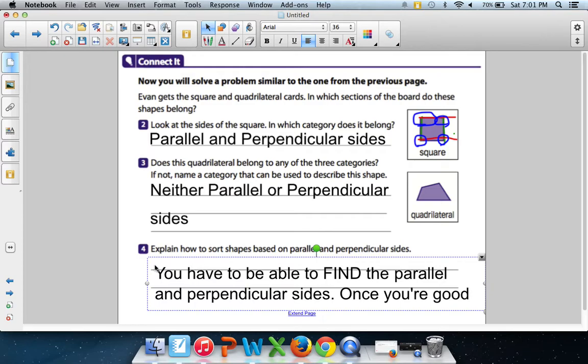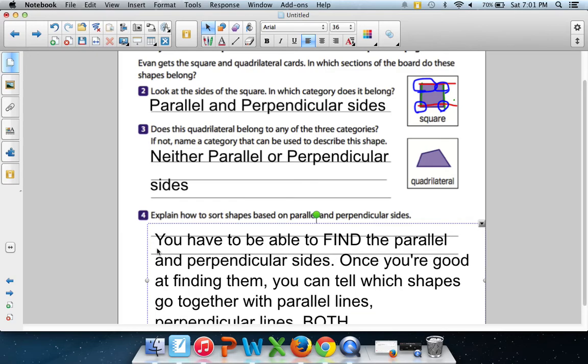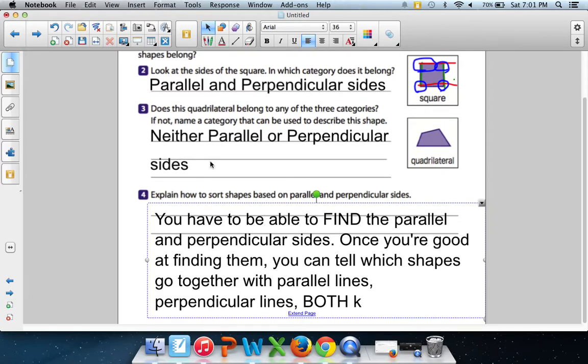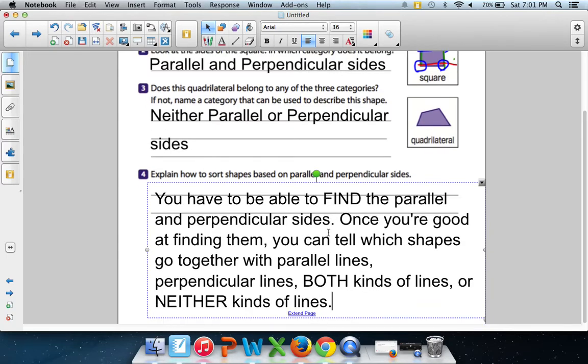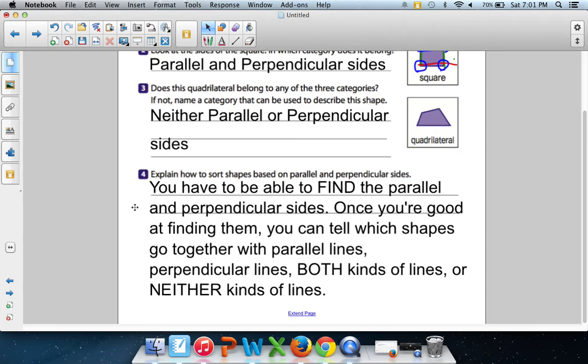Once you're good at finding them, you can tell which shapes go together with parallel lines, perpendicular lines, both kinds of lines, or neither kinds of lines. We did it.